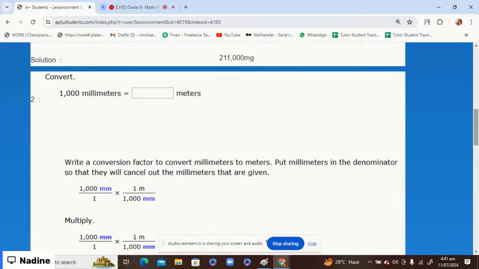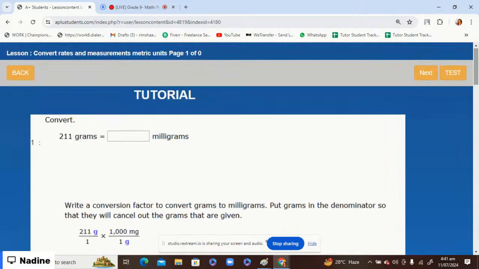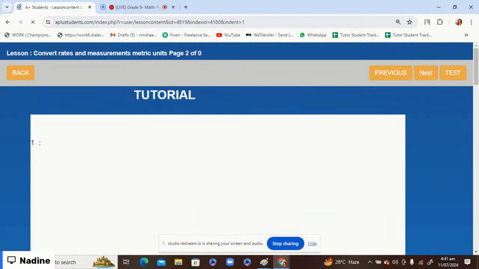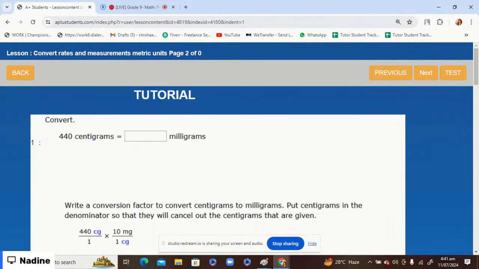So let's check another question. Now here is centimeters to millimeters.